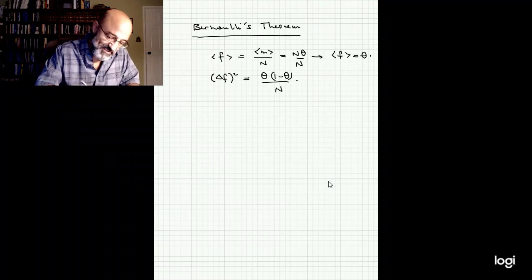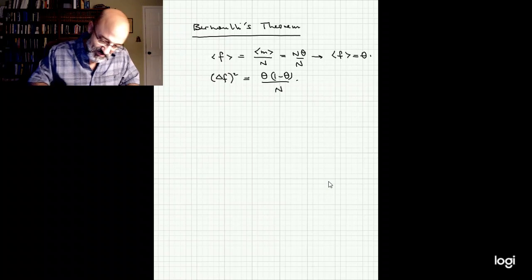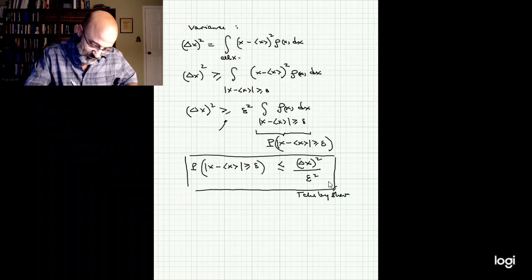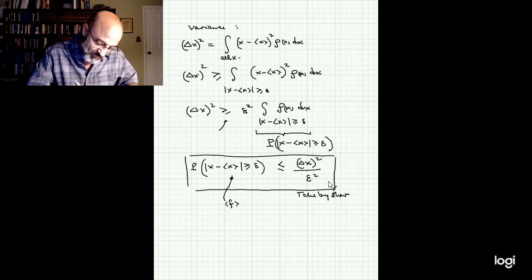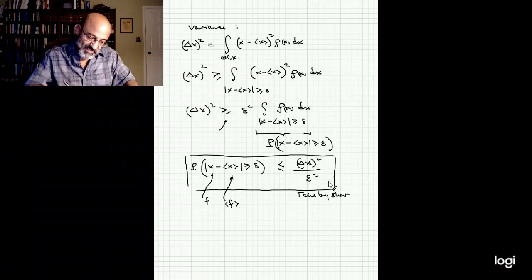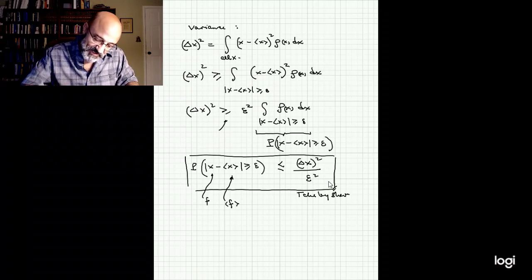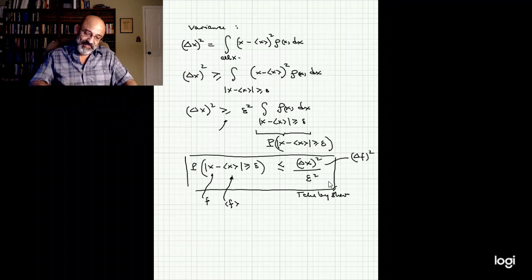So what Bernoulli's theorem says is the following. Just substitute the quantity x being a frequency: the expected value of the frequency, and here we have the variance of the frequency.